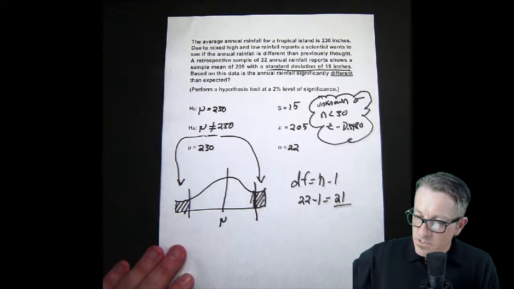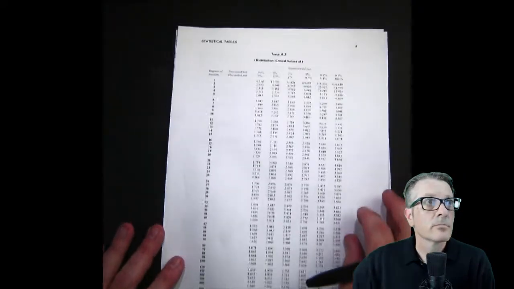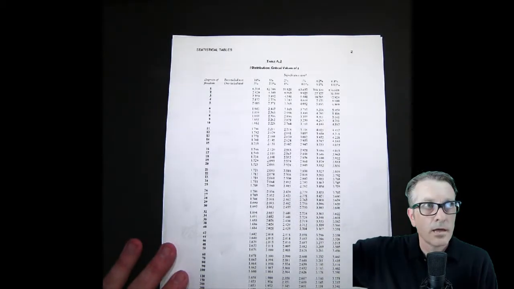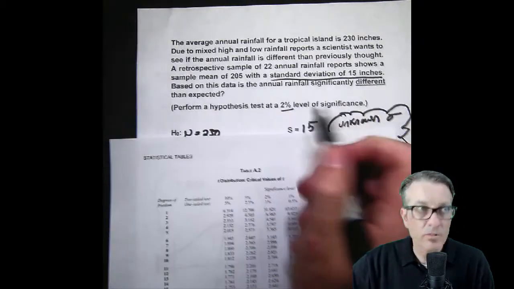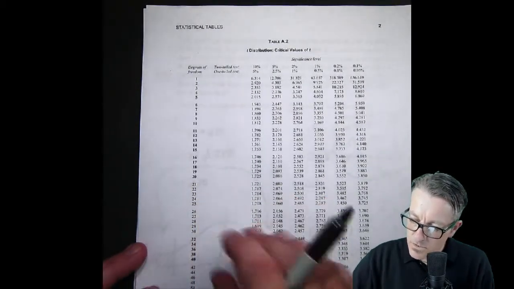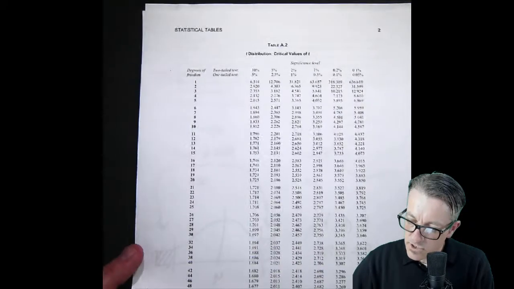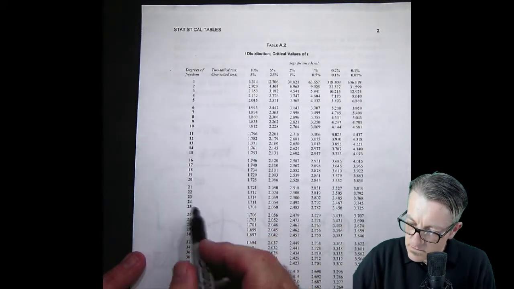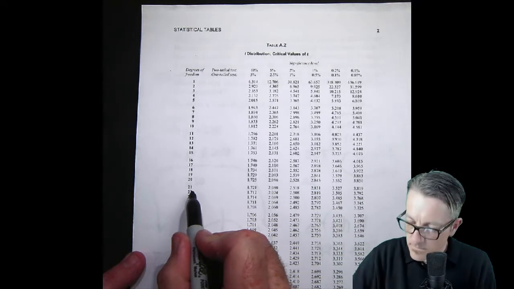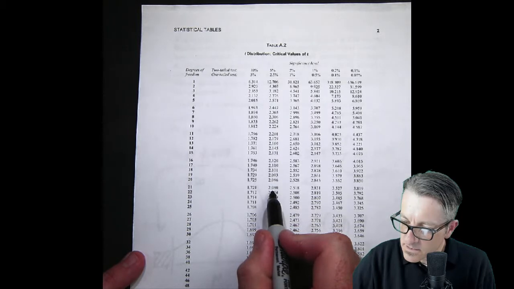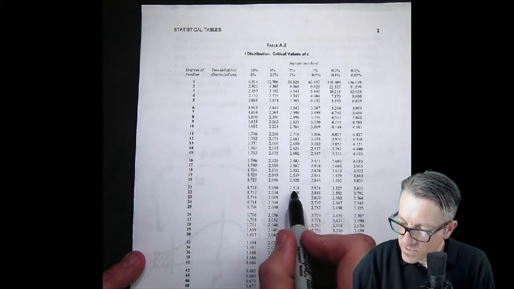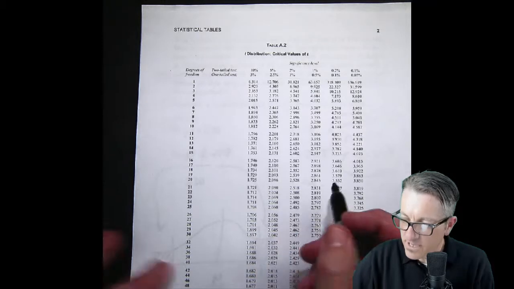Okay. So we look at the t-distribution table, or the t-table, and we're going to look up the degrees of freedom. The significance for this question is 2% level of significance, and it's two-tail. So 21, 2%. There's 21 right here. Then we go out to 2% for two-tail, right here, 2.518.